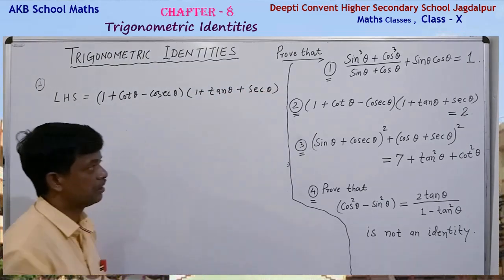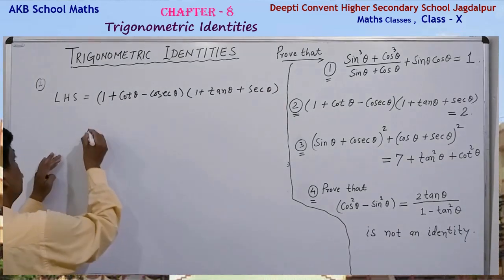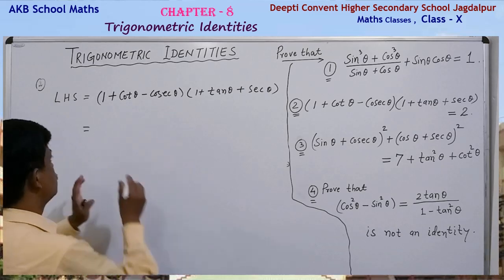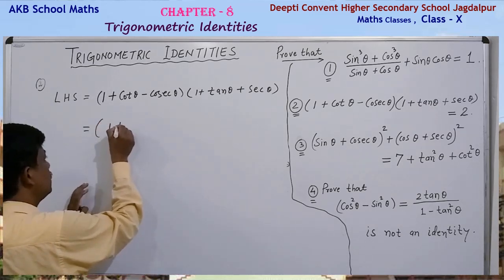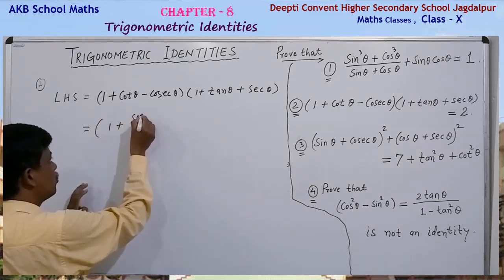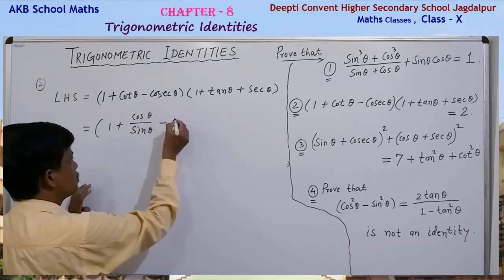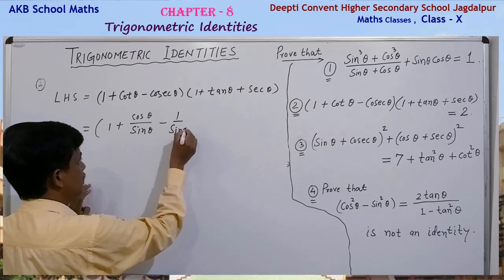This is our left hand side. We try to convert this into sin and cos, so that's why we write it like this. Cot theta equals cos theta upon sin theta. Also cosec equals 1 upon sin theta.